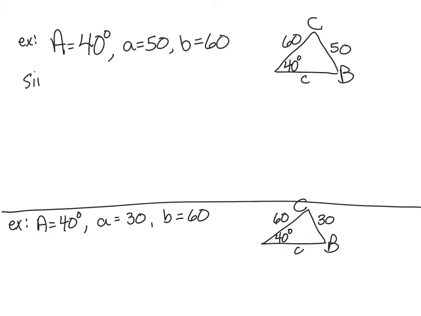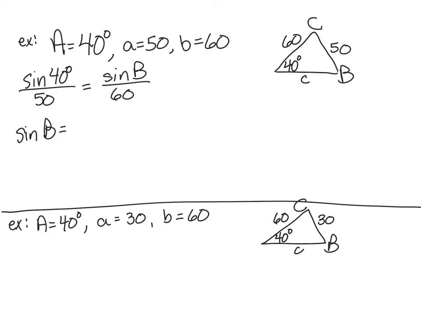So I've got sine of 40 is to the side opposite, the same way that the sine of angle B is to side 60. So I have sine of B equals 60 sine 40 over 50.